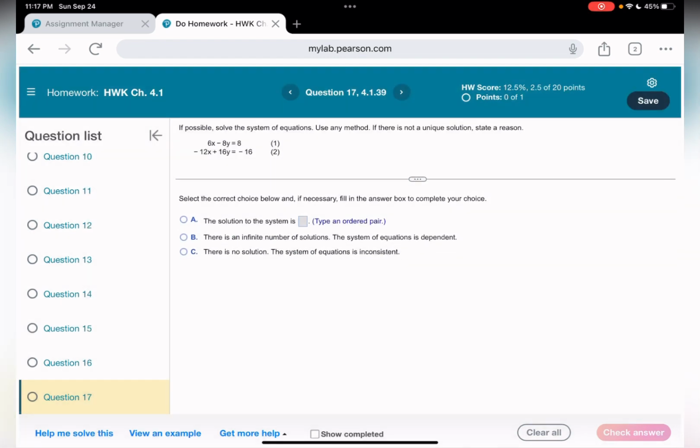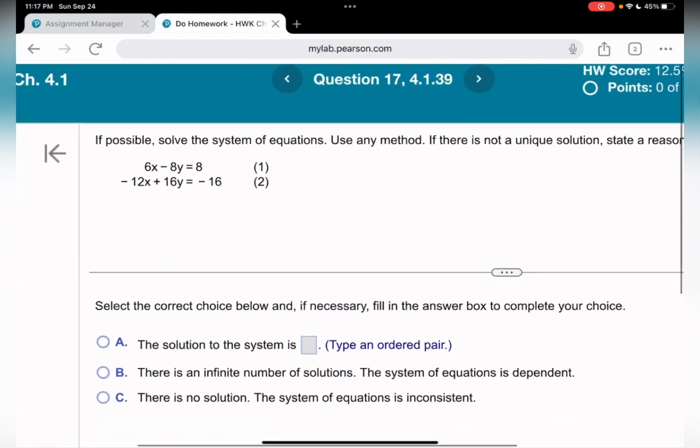Here is 39. Okay. If possible, solve the system of equations. Use any method. If there is any unique solution, state the reason. Okay. Let's see what we have.